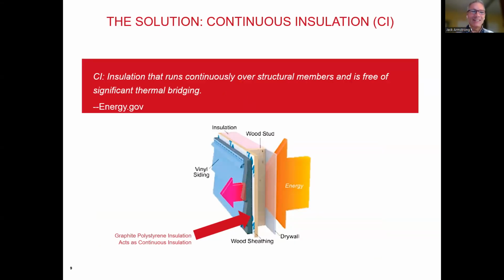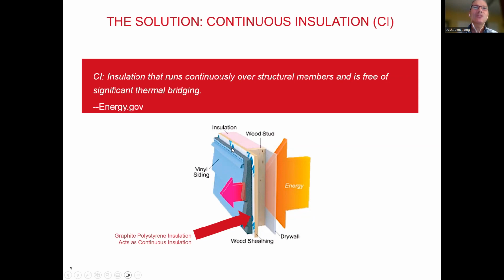CI, as we mentioned, or just continuous insulation, is essentially the idea of insulation running like a thermal blanket all the way around the exterior of the building, blanketing the building and overcoming those short circuits where the studs are. As you can see in this photograph, you can see the stud wall construction and some cavity insulation.